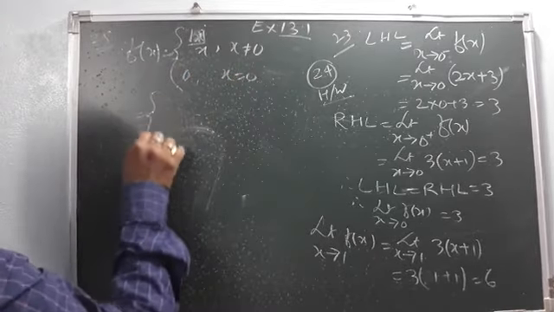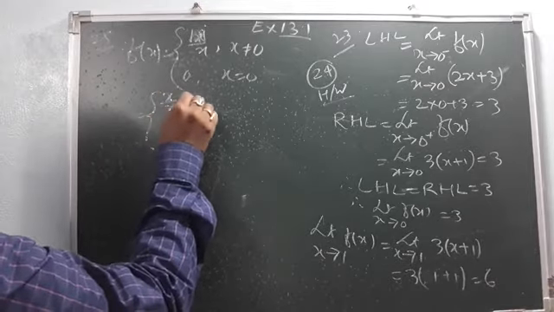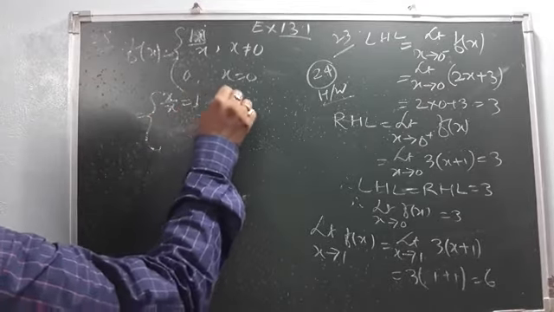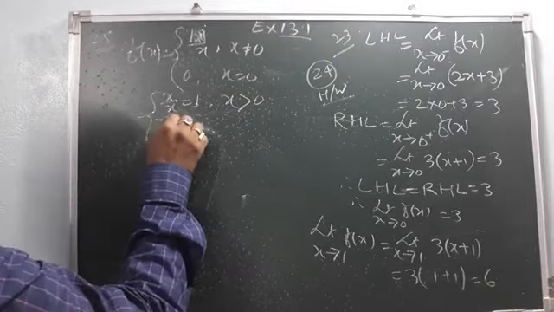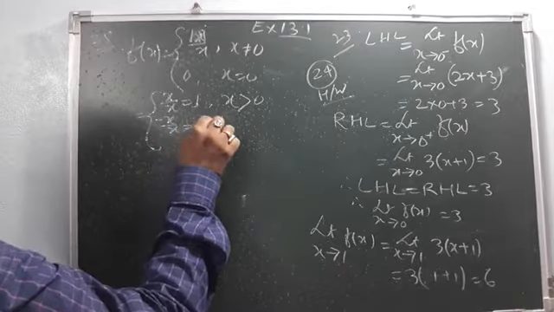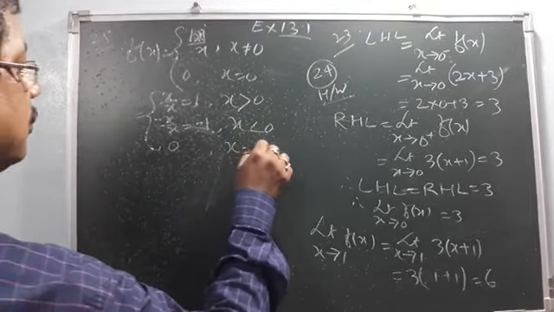Here we will replace modulus x by x only, and it is 1 when x is greater than 0. Minus x by x, it is minus 1 when x is less than 0. And 0 when x equals 0.